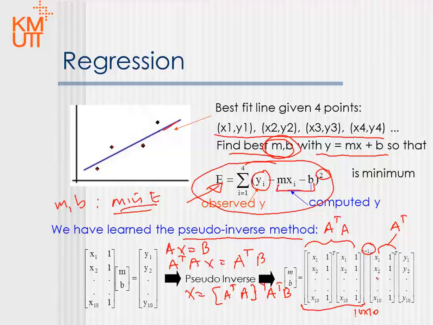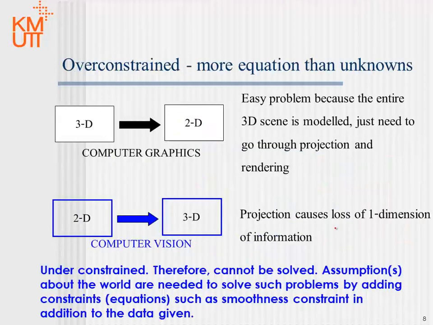Then we multiply with this, and we can find the best M and B. So this is one way that we explained last week of how to do it, right?